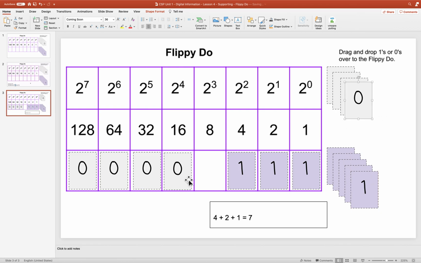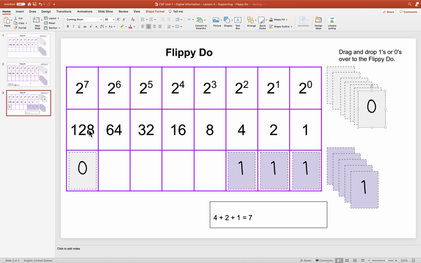If we go one step further with that, and let's move our zeros off here again, if we would represent 127 in binary, the most significant bit value is 128. We don't want 128 because it's 1 too high. We want 127.